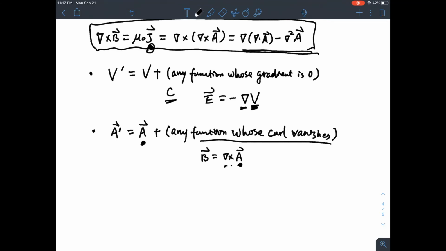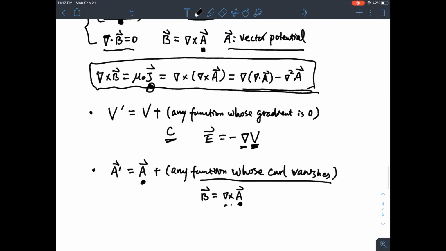So we want to use this freedom. We can find one solution for A, then also add any function whose curl vanishes, and we still get the same magnetic field.